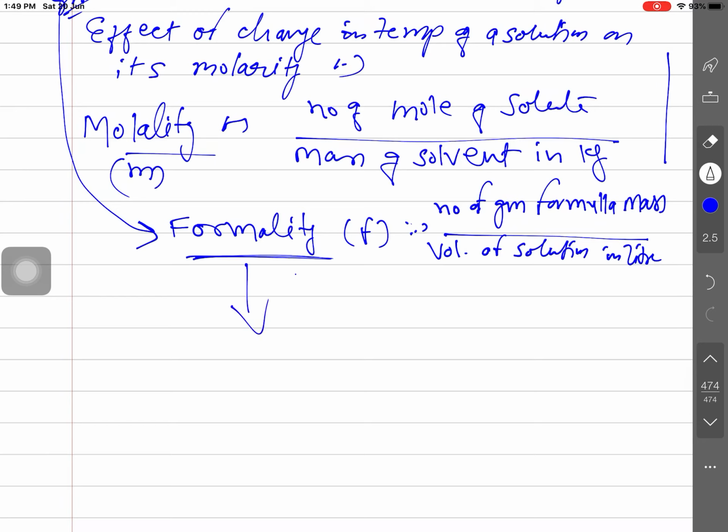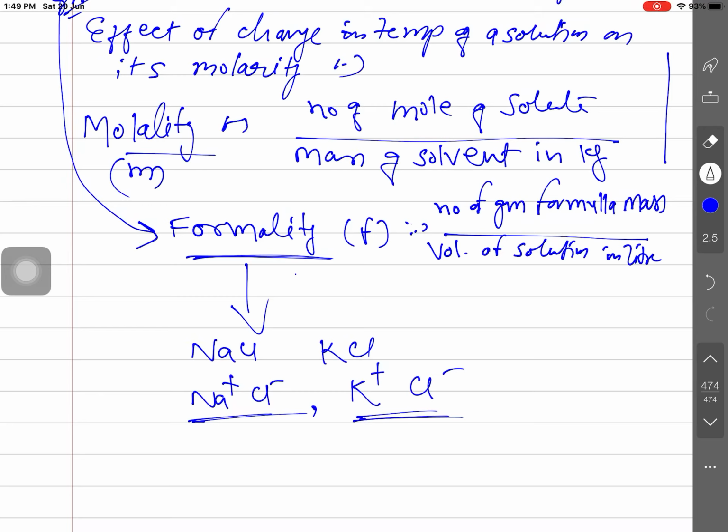In the concept of formality, ionic compounds like sodium chloride and potassium chloride, sodium and chlorine, potassium and chlorine, exist as ions. These are not molecules.